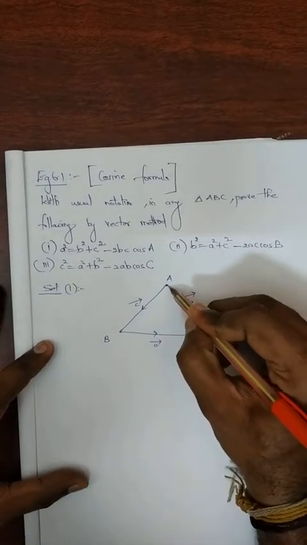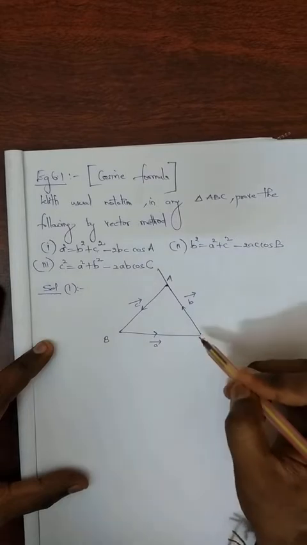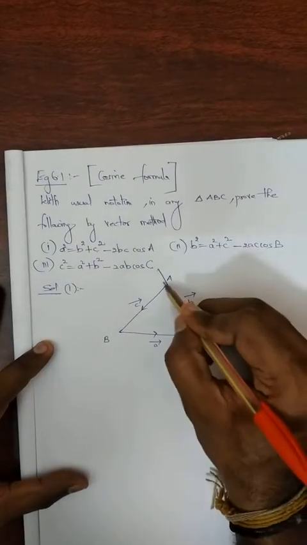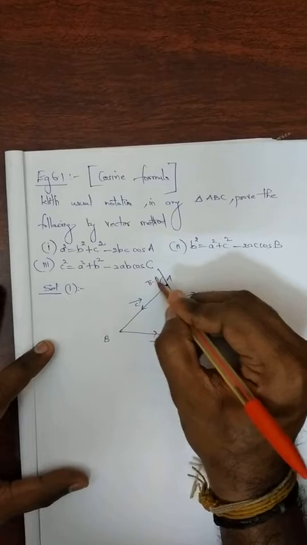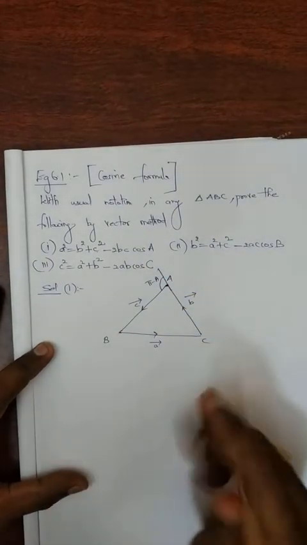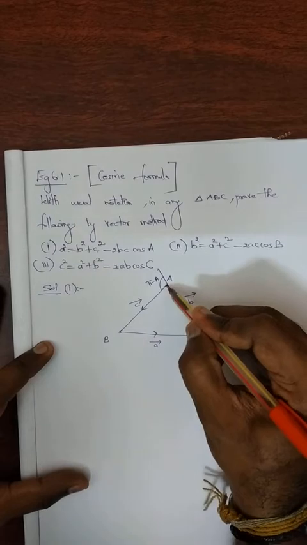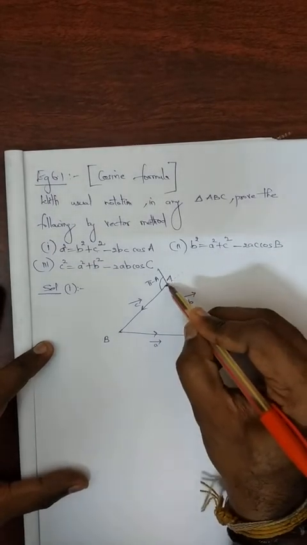If I make this AC somewhat lengthier, this will be pi minus A. Like that, you can do anything. For example, I can draw some more lines also.